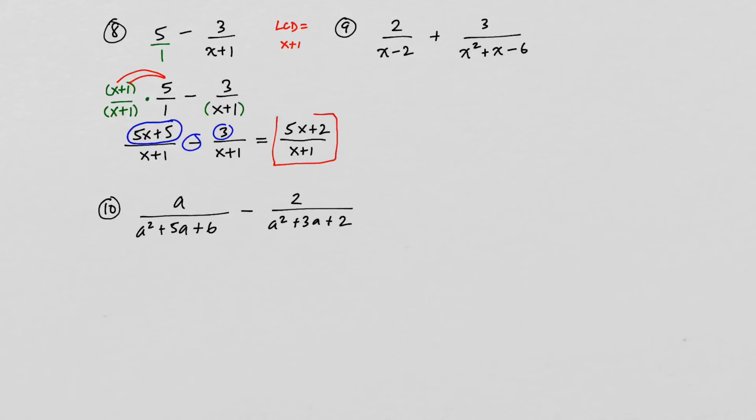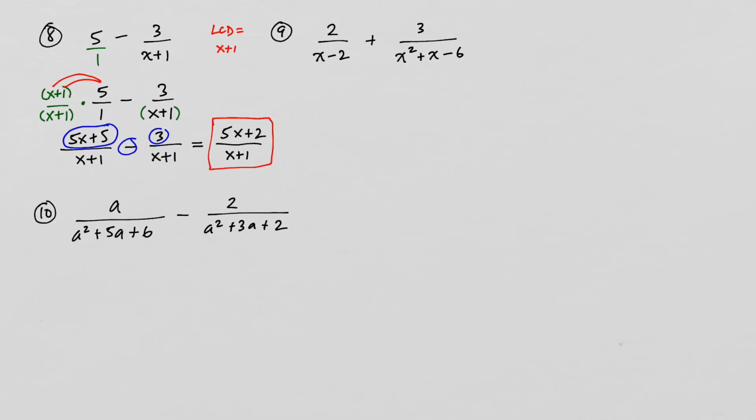And so our answer is (5x + 2) over (x + 1). So when you have a whole number being added or subtracted with a fraction, you just need to turn that whole number into a fraction.